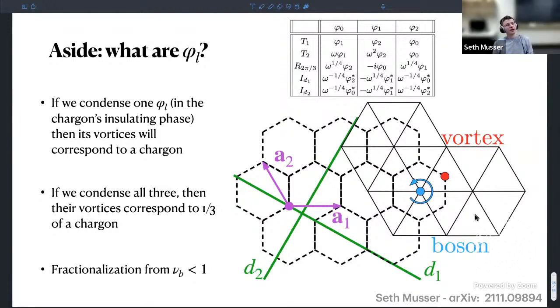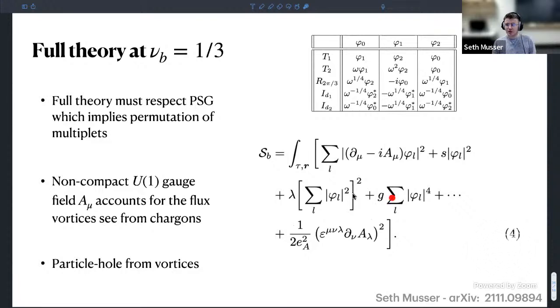Yeah. So I think that when you write down the theory here, so let me just skip ahead to the theory. When you write this theory down, you'll have these two quartic terms. And I don't think both of these reflection symmetries are necessary to get only these two quartic terms.